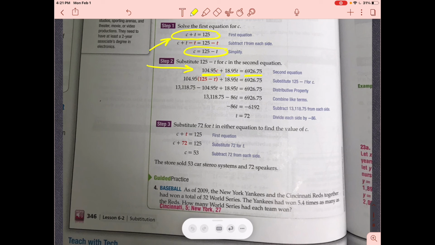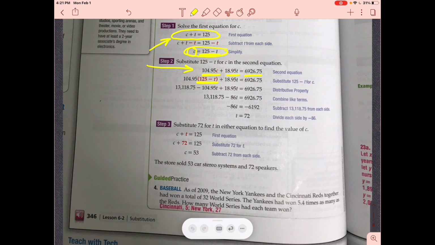So remember, that's not really solving. That was a bad word to use, but it's actually rearranging the furniture, right? We rearranged it so that it says C equals. So we know we have 125 minus T that we can plug in instead of C in our equation. So they did that right there.